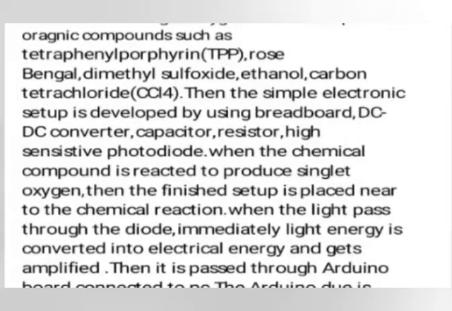When the chemical compound reacts to produce singlet oxygen, the finished setup is placed near the chemical reaction. When the light passes through the diode, the light energy is immediately converted into electrical energy and gets amplified through Arduino.